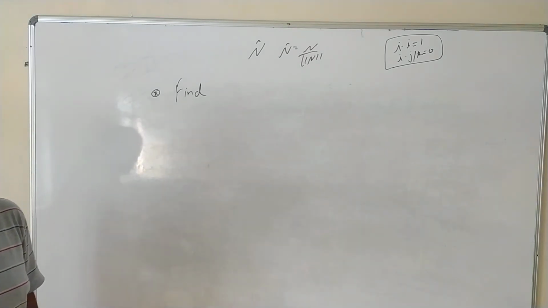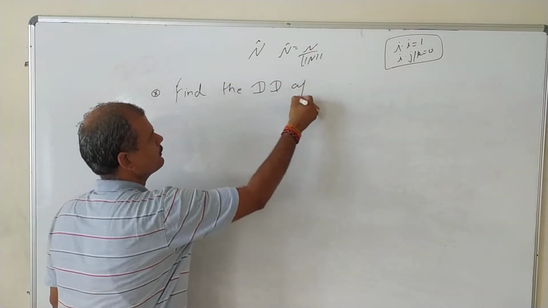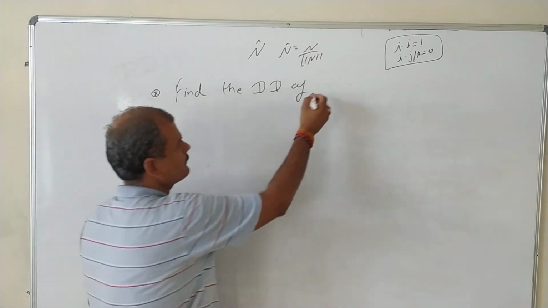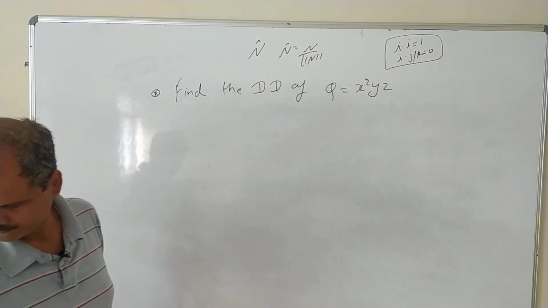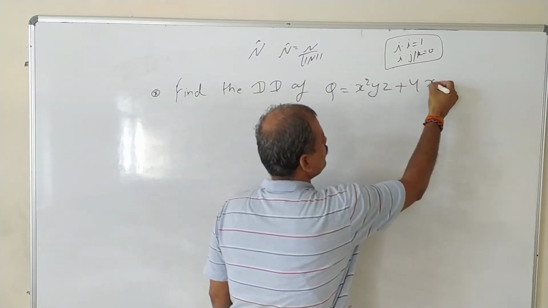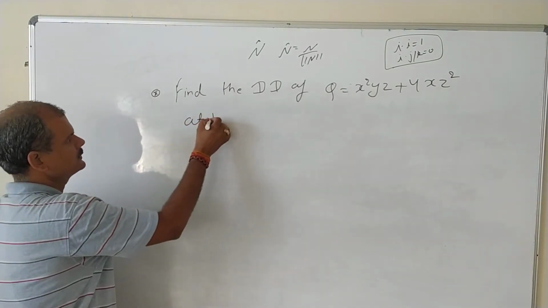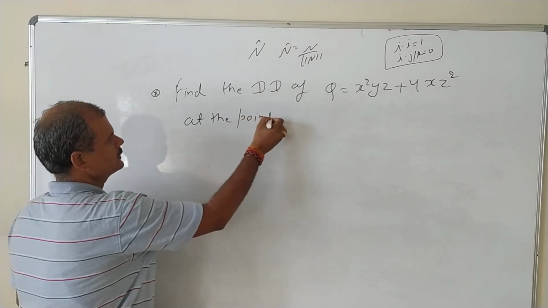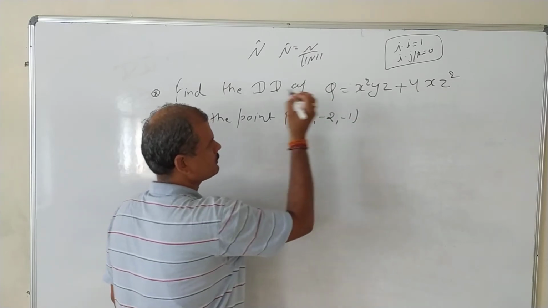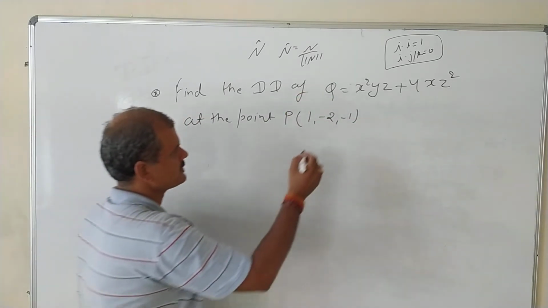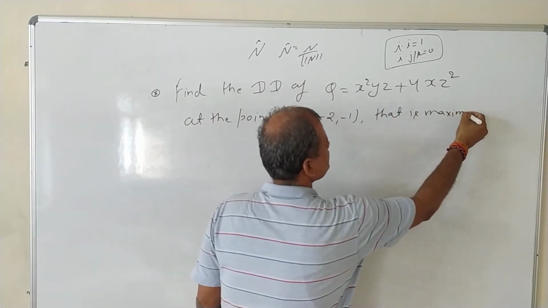Now let us take one more problem based on the directional derivatives. Find the directional derivative of phi = x square yz plus 4xz square at the point P (1, -2, -1), that is maximum.